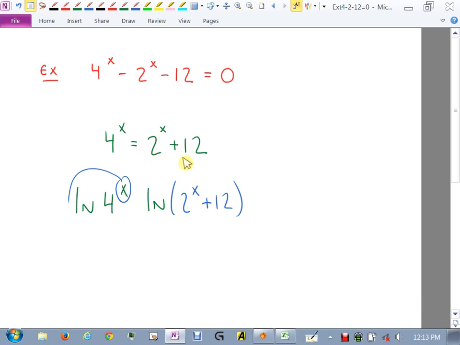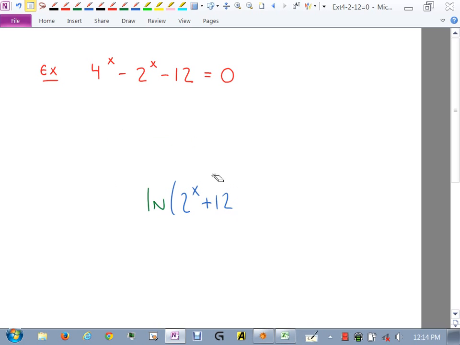I'm taking the natural log of the entire right side. This cannot pop anything out because the x is only acting on the 2, not on the 12. You also cannot split that into 2 logs because the only way you can split a log into 2 is if this was multiplication inside, which it's not. So you're completely stuck here if you try and do it the way that we've done it, which is why I'm showing you this example, all right?